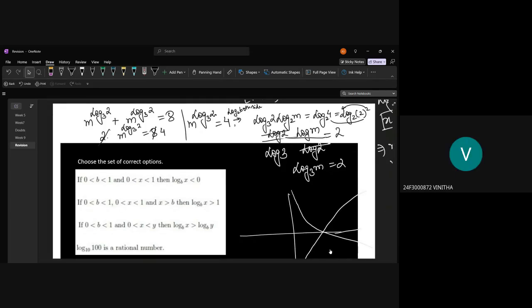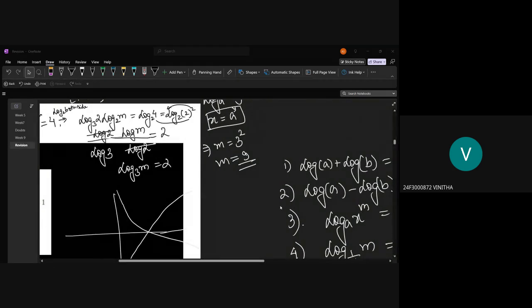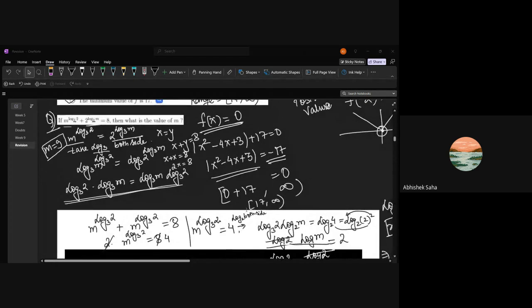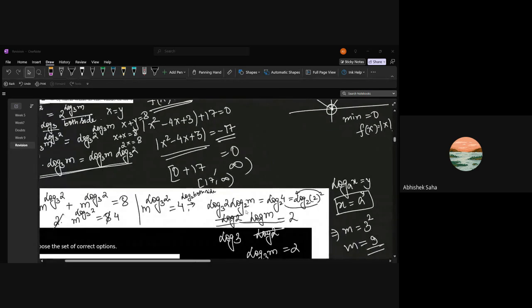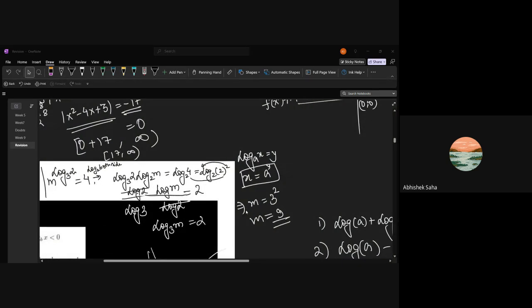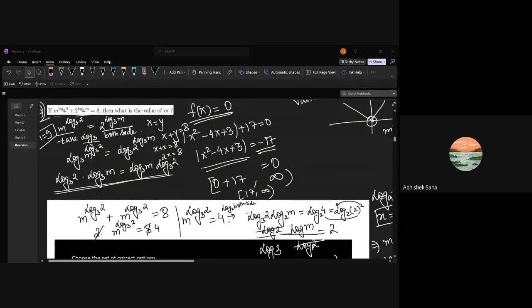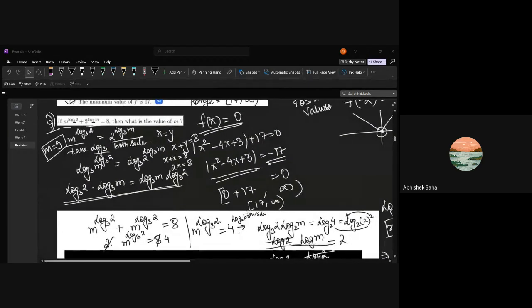To check the answer, we can put m equal to 9 and calculate and see. If you know the answer, you can also calculate, but here they are asking the value of m. You want to see whether m equal to 9 is satisfying or not.